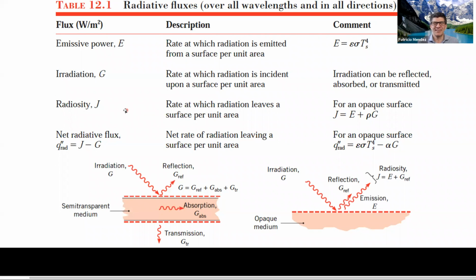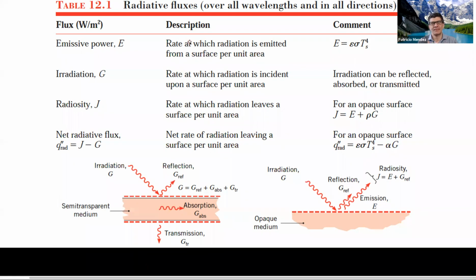Radiosity, chances are you never heard this word before, right? And radiosity is kind of a funny concept, but radiosity is all the energy that leaves a surface. And this is important when we deal with gray bodies. We'll see later what those are. So radiosity is everything you're emitting because you're hot, plus everything you're reflecting that came from elsewhere and you're bouncing off.